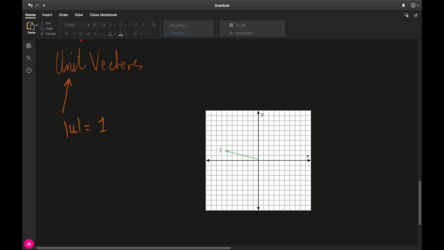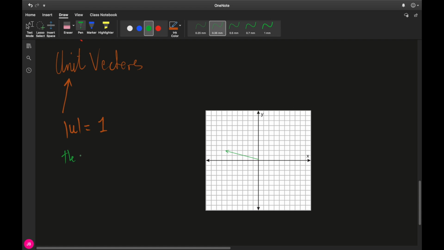We want to know the unit vector of this vector. So once again, we want to find the unit vector in the direction of, let's call this vector v, in the direction of v.